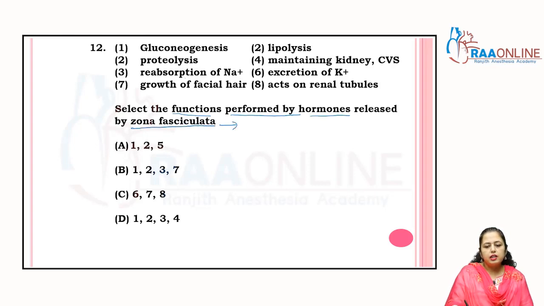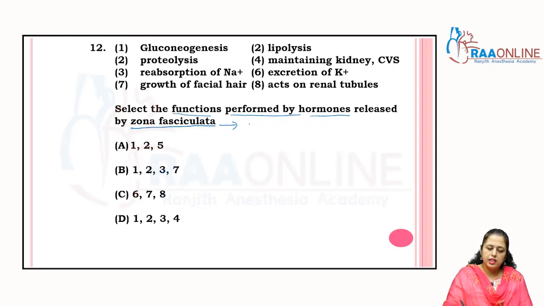Zona fasciculata, that is in the adrenal cortex, right? In the adrenal cortex there are three regions: zona glomerulosa, zona fasciculata and zona reticularis, right? And they secrete three groups of hormones. Zona glomerulosa secretes the mineralocorticoids, zona fasciculata secretes the glucocorticoids, and zona reticularis secretes the sex corticoids, right?